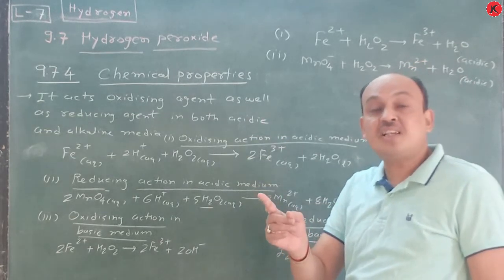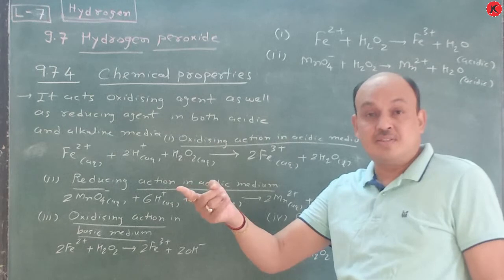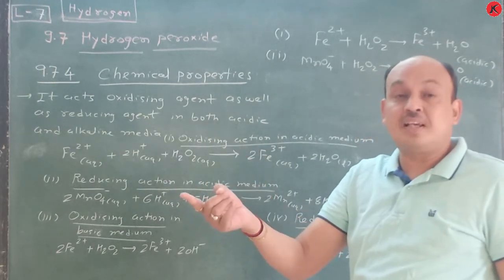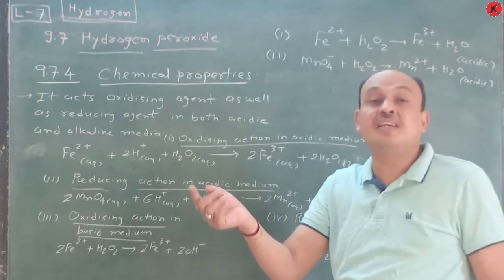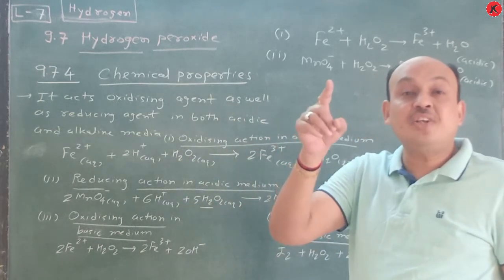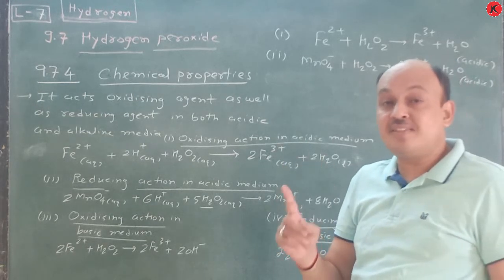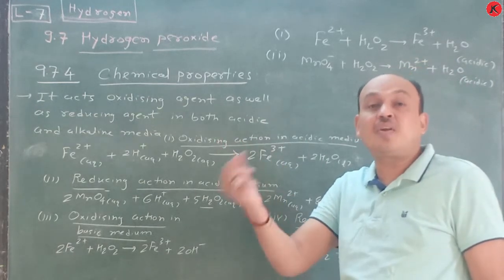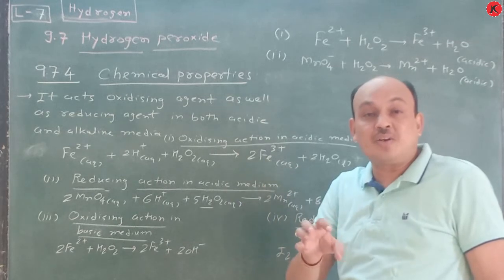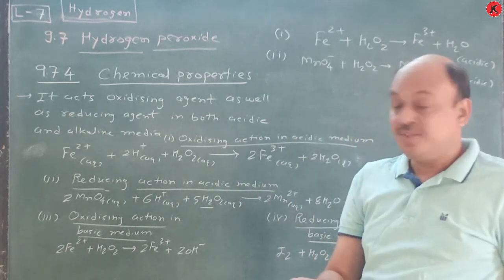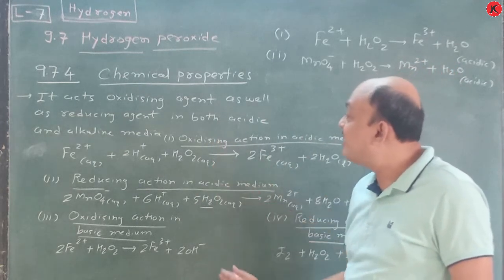In oxidation, electron is lost, therefore it is an oxidation reaction, but this reactant works as a reducing agent. Remember this. In reduction, electron is gained, and that's why it works as an oxidizing agent. It's a very easy topic.